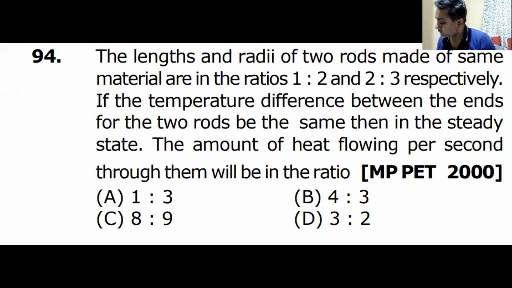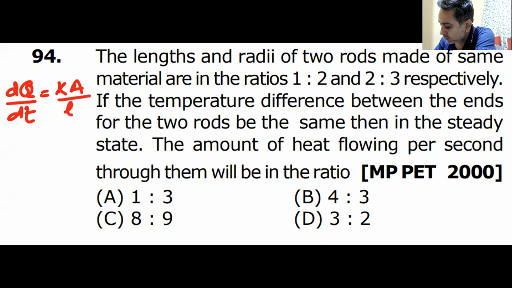So we have to find out the ratio of heat flow, dQ by dt. The heat flow dQ by dt is equal to K A by L into (theta 1 minus theta 2). Now the temperature difference is the same, so I cut this off. Same material, so I cut this off.